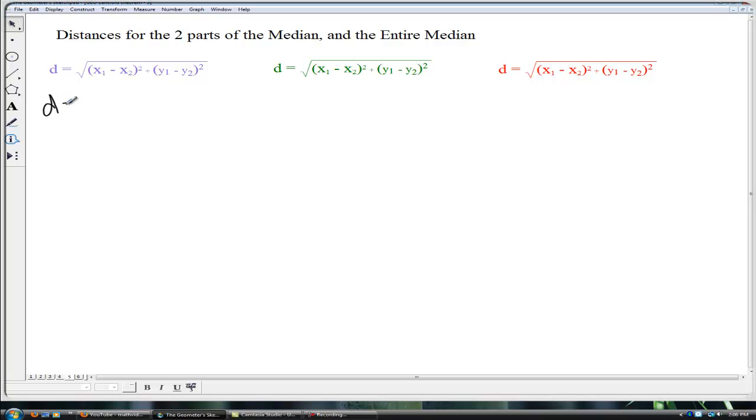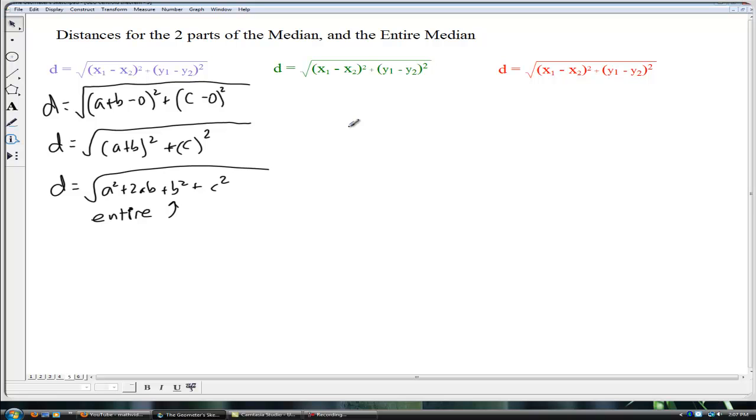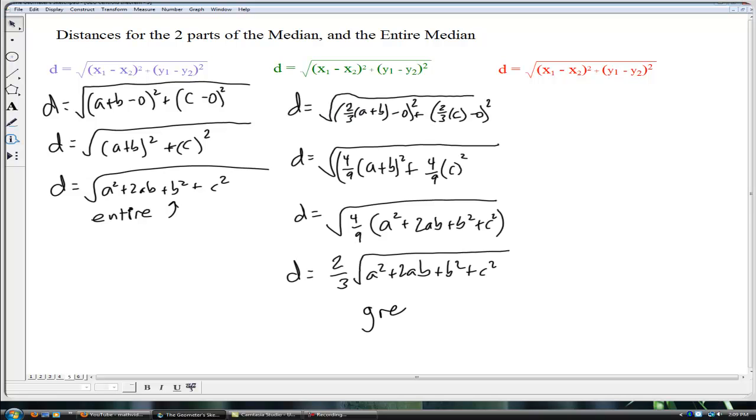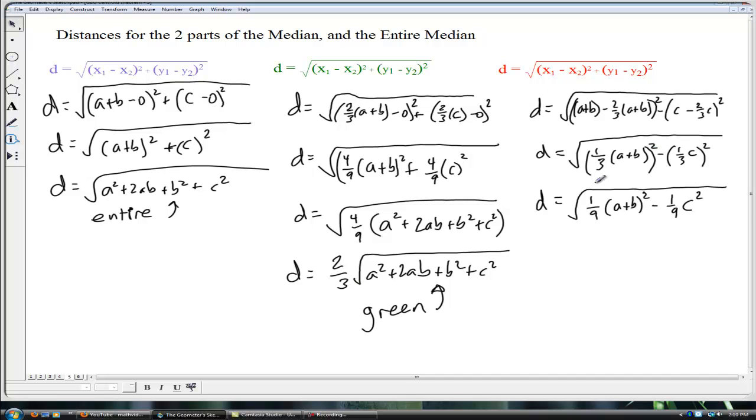So the distance of the entire median is this. Now for the green piece, this is the green distance. Notice that it's almost exactly the same as the entire median, except it's being multiplied by 2/3. Now for the red piece, I end up with 1/9 (a plus b) squared plus 1/9 c squared. This is the distance of the red piece of the median. Let's factor this 1/9 out of both.